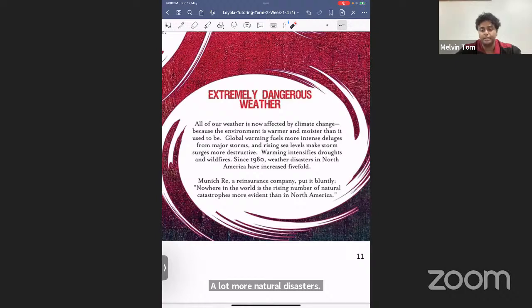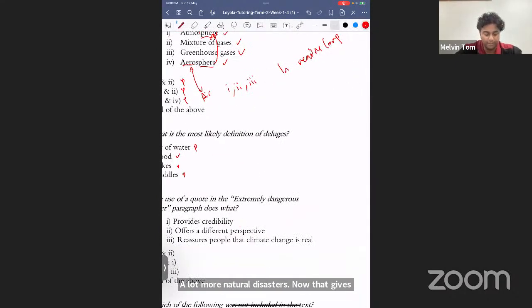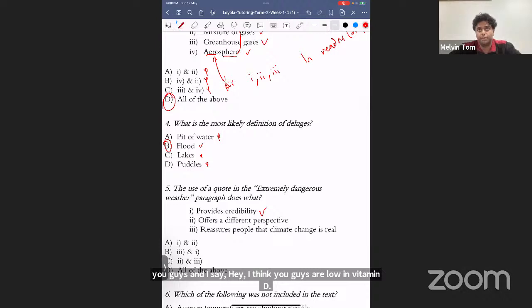Now that gives credibility. The reason it gives credibility is because credibility is basically support to an idea because someone who's an expert or someone of authority is saying it. So for example, if I come to you guys and I say, hey, I think you guys are low in vitamin D, you won't believe me.